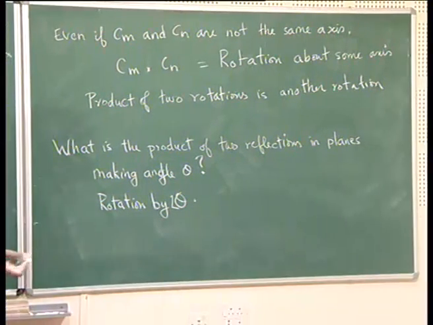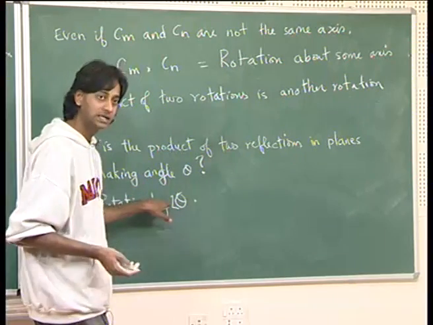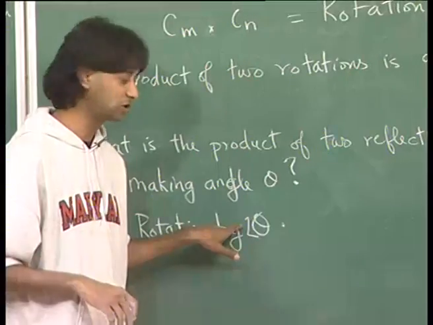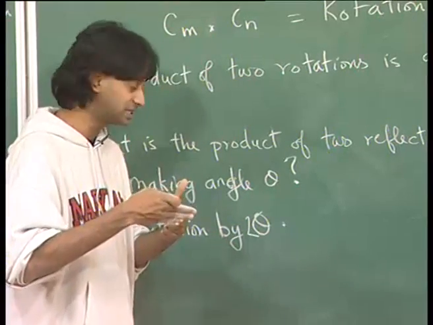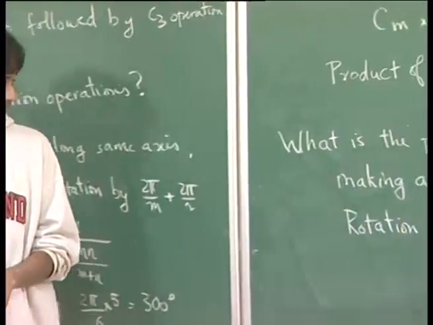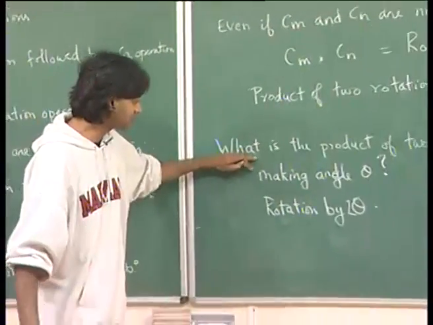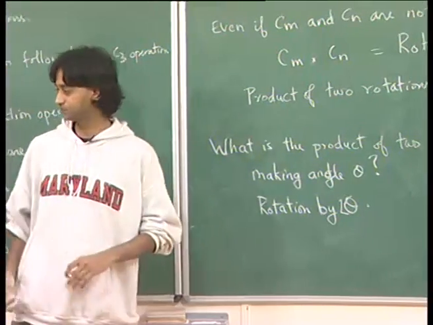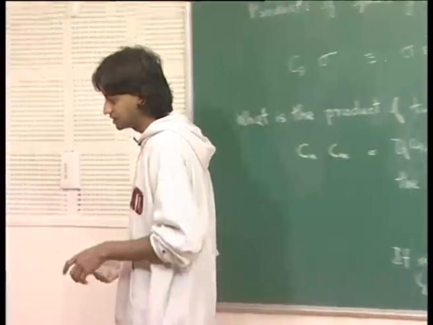If you remember, when we were looking at D6, the dihedral group of order 6, we had two reflections, and the product of those reflections turned out to be a rotation. So in general, the product of two reflections corresponds to a rotation. This is a general rule, and this is very helpful when you are making the character table.